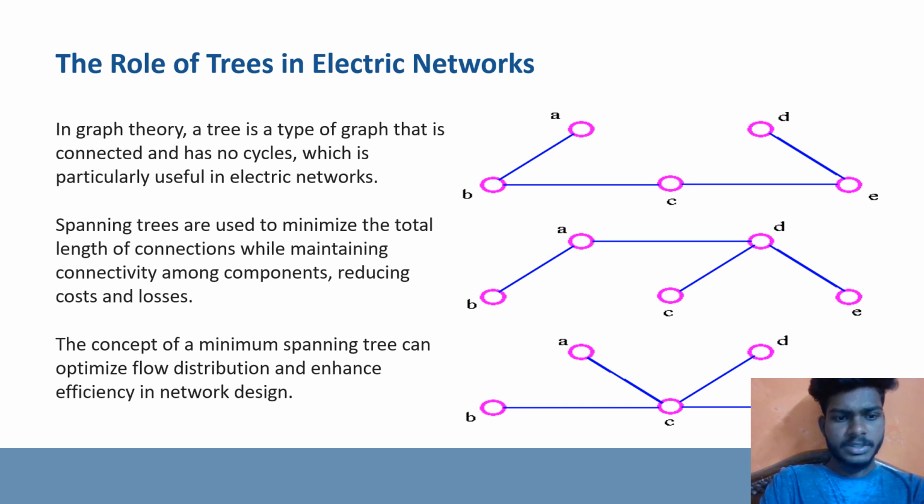The concept of a minimum spanning tree can optimize flow distribution and is effective in network design. Here we can see a tree type graph with nodes A, B, C, D, E, F.